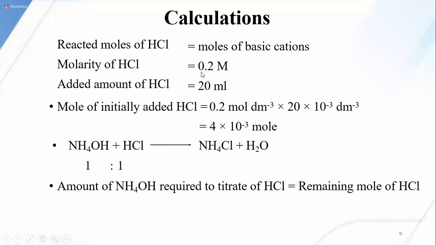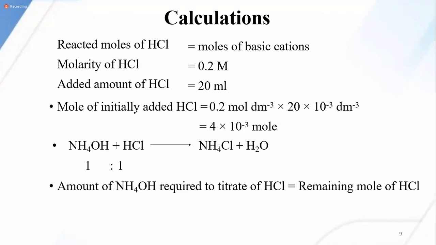Here you have to convert the 20 milliliter into liter, so you divide 20 by 1000. Then you will get this answer, 4 × 10^-3 mole. Up to this, are you all clear? Yes, ma'am. Okay.